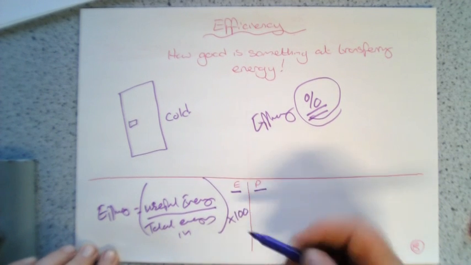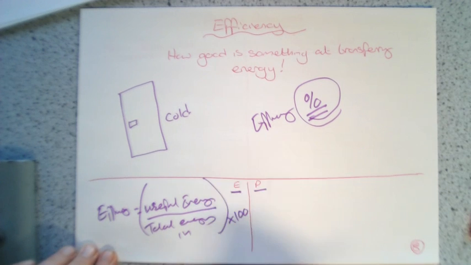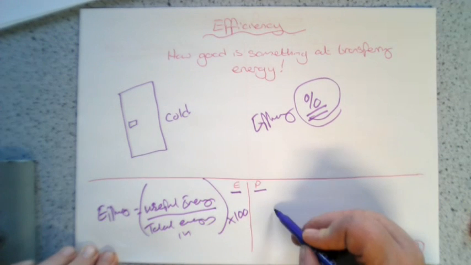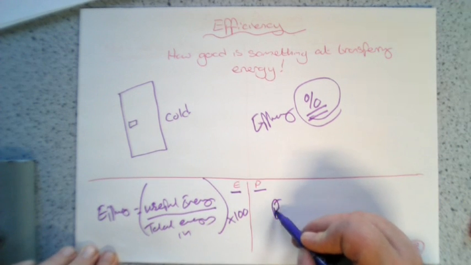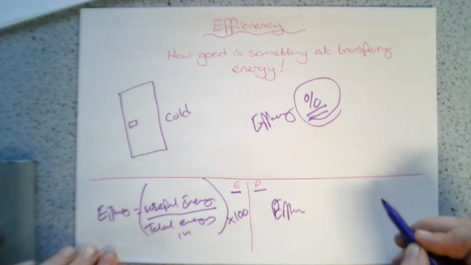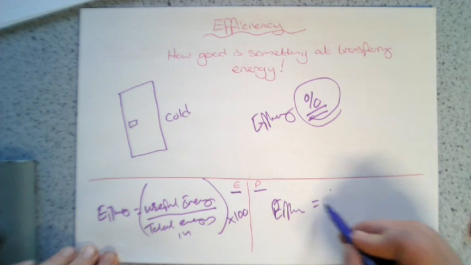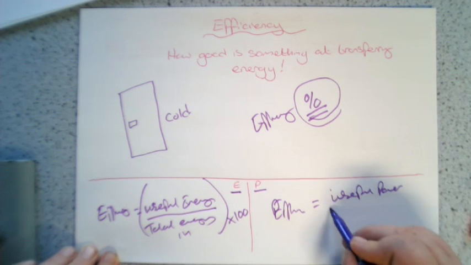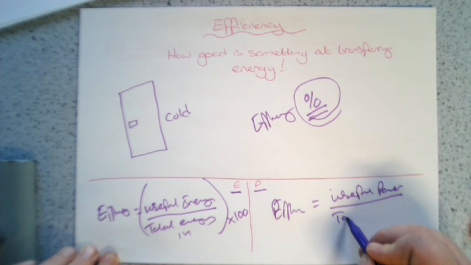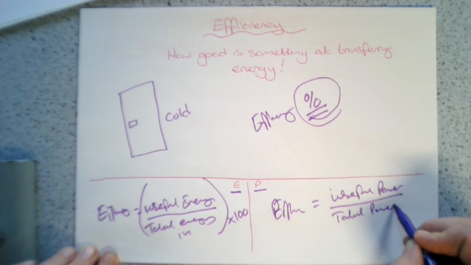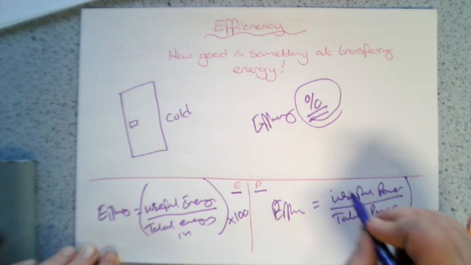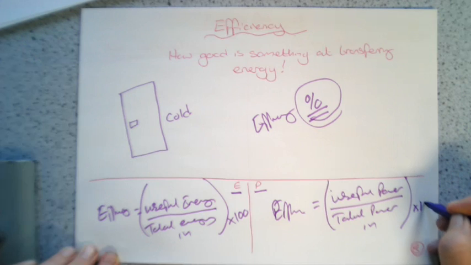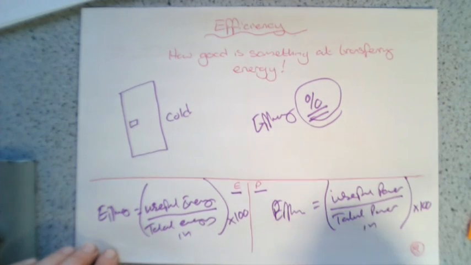Now, if you remember efficiency for energy, it's exactly the same when we're talking about efficiency for power, and that is your useful power divided by your total power in. Work out your answer, times it by 100. And there you've got your efficiency.